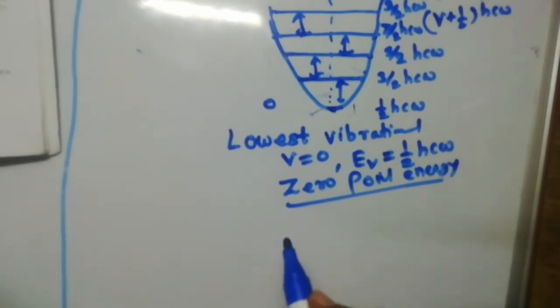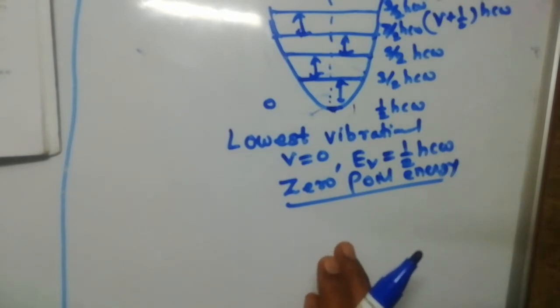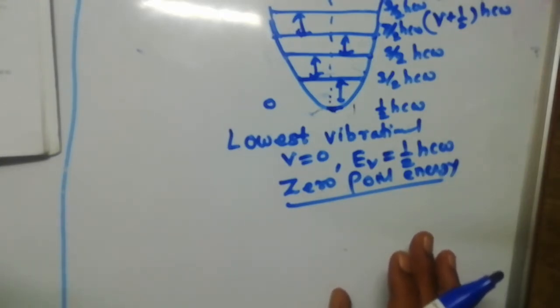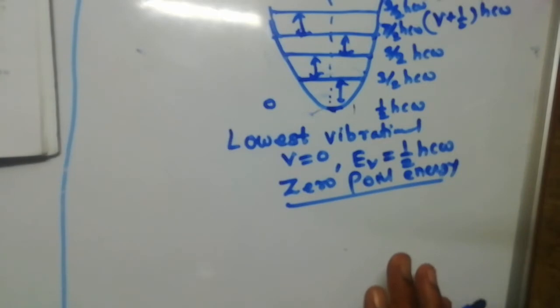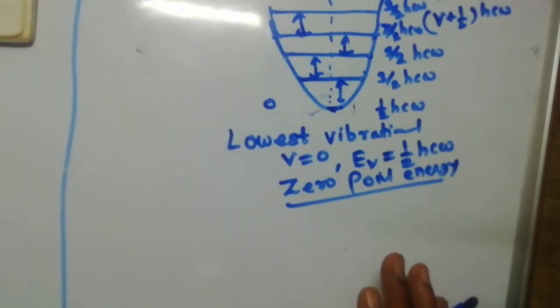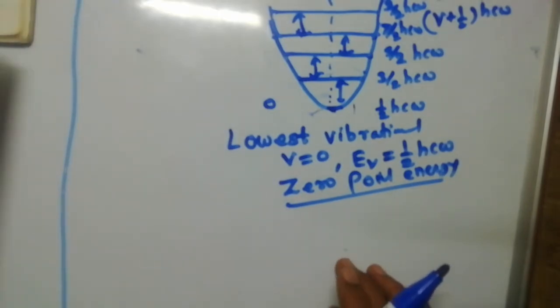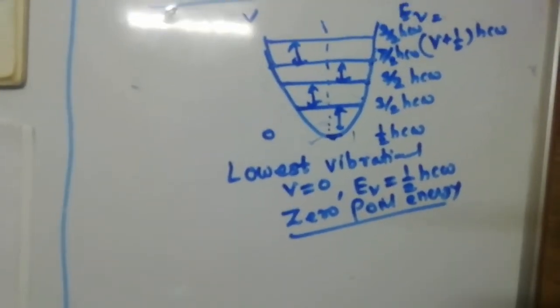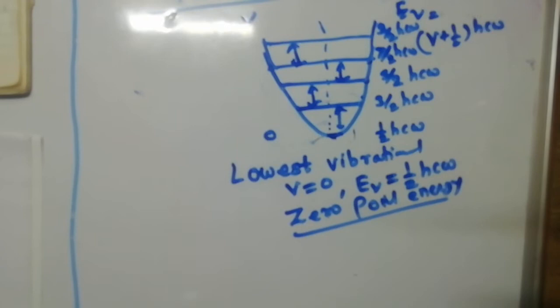And it is E_V equal to half hc omega, right? The above picture clearly tells you how the vibrational energy levels are quantized.